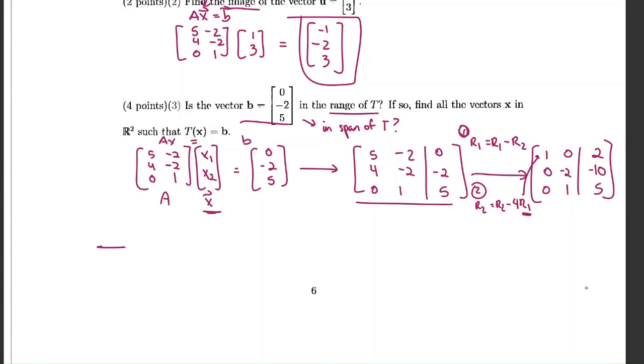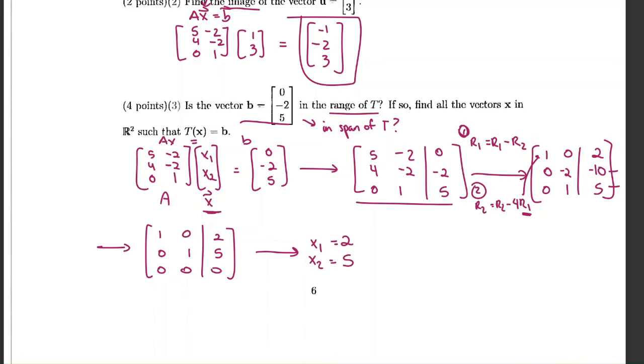And then I'm going to divide the second row. Well, first of all, you can see that these two rows are linear combinations of each other. So one of these is going to be all zeros, and the other one is just going to be 0, 1, 5, and then 1, 0, 2. So for this one, we've solved it, so x1 equals 2, and x2 equals 5.